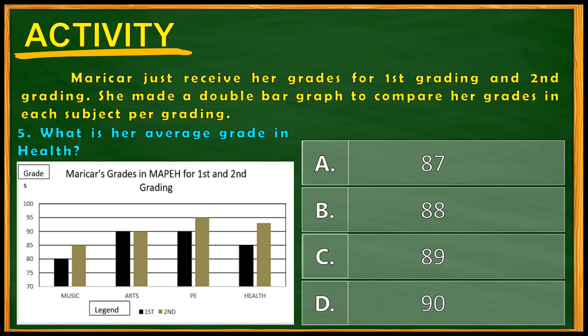Now let's reveal the answer. The answer, we have 89. So we have 85 plus 88 and 90, 85 plus 93 divided by 2. This should be 89.